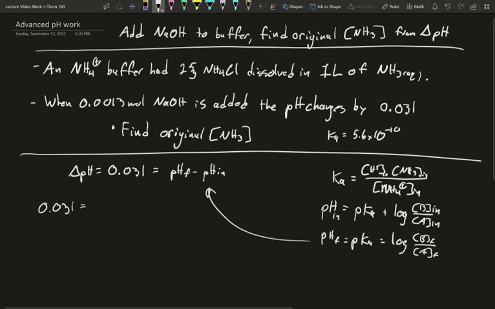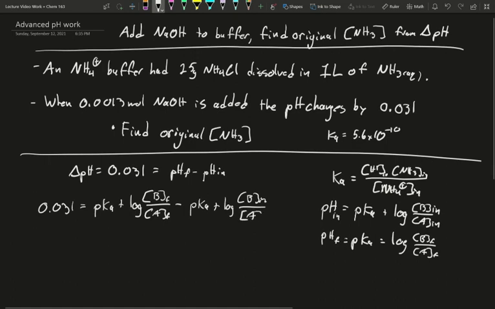And what we'll find is that 0.031 must equal the pKa plus the log of the base final over the acid final, minus the pKa plus the log of the base initial over the acid initial, which means I'm adding and subtracting pKa. So they actually cancel each other out.